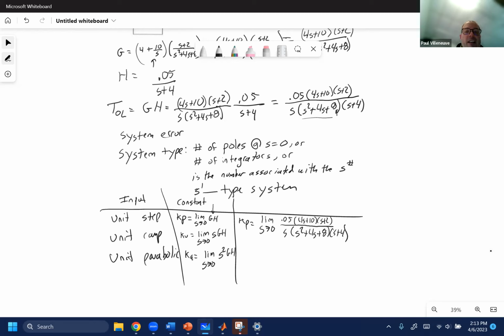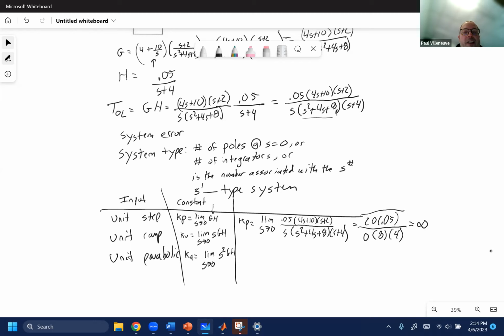What I see is that when S approaches 0, all these terms that have an S go to 0. So I end up with something like 20 times 0.05 in my numerator all over 0 times 8 times 4. Okay. Well, this 0 in here is in the denominator. So this term is dividing by 0. So regardless of the numbers that I see there, that is going to be equal to infinity.